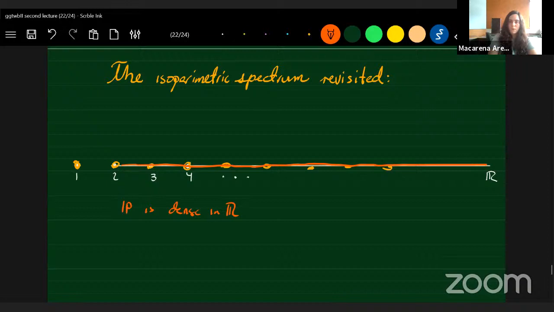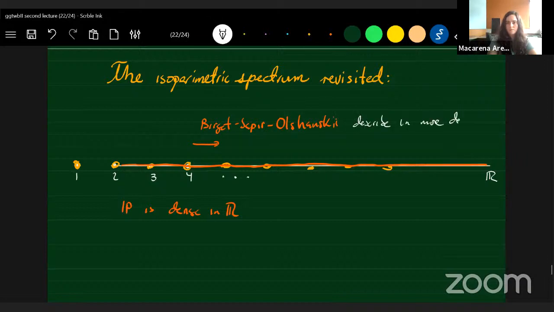For values larger than 4, we actually have more information. So there are theorems of Birget, Sapir, and Olshanskii that describe in more detail what sort of numbers can arise in this interval, the interval 4 to infinity.